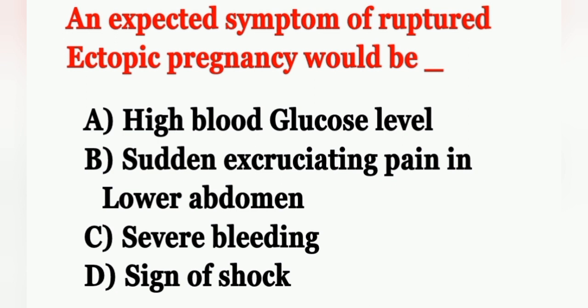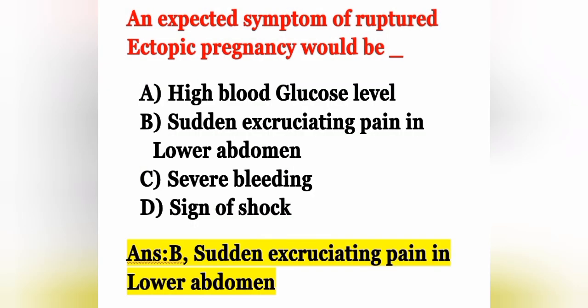Correct answer is option B, sudden excruciating pain in the lower abdomen. The main symptoms of ruptured ectopic pregnancy include acute agonizing and excruciating colicky pain in the lower abdomen, and also feeling of nausea and vomiting and vaginal bleeding.